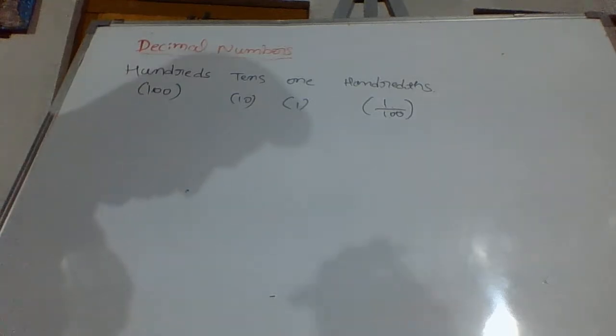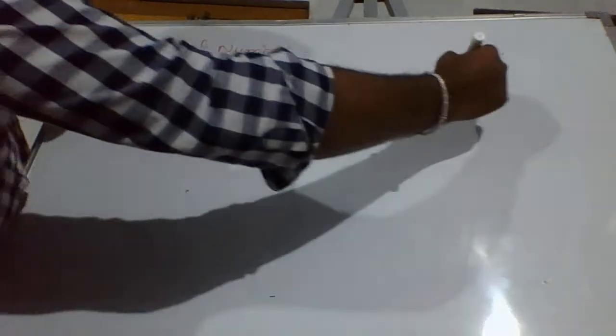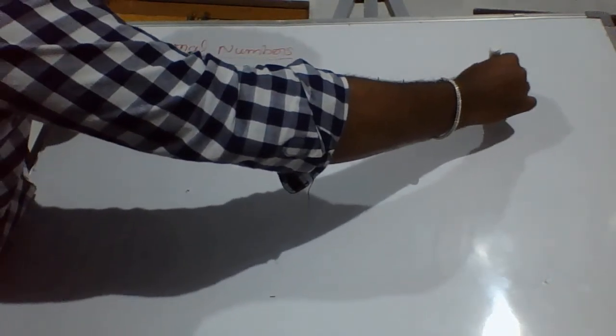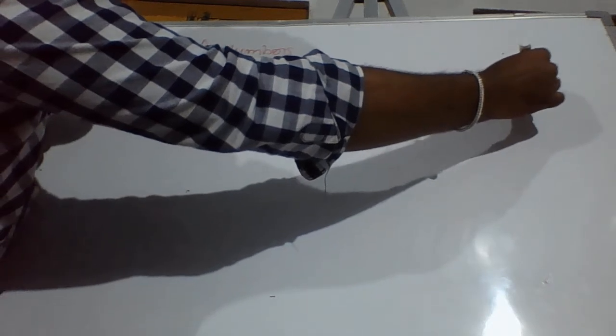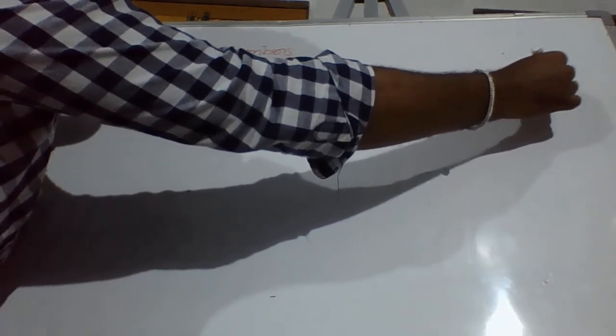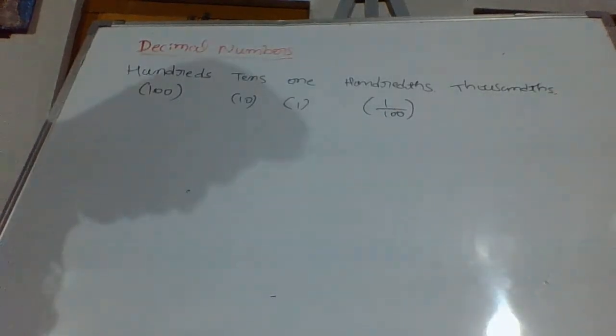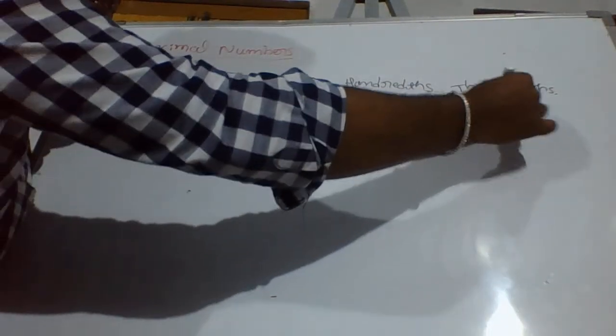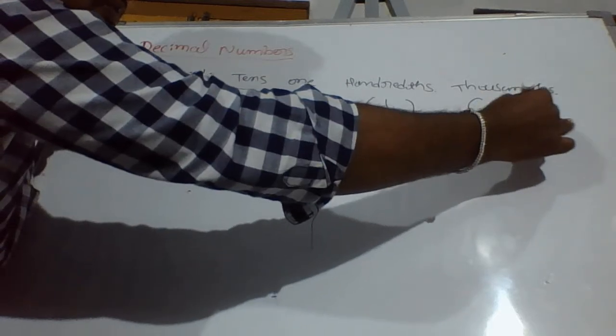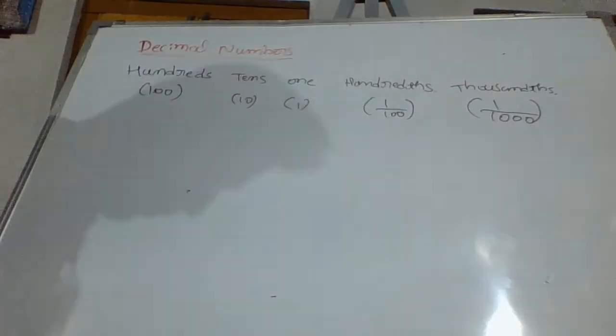After this they have given the thousandths place, which means 1 by 1000. And finally in the last column they have given the number.